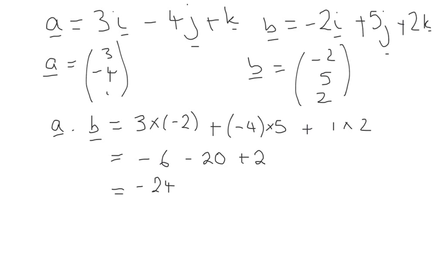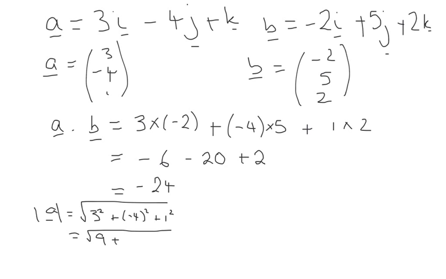Now, magnitude of A is the square root of 3 squared plus negative 4 squared plus 1 squared. So that's the square root of 9 plus 16 plus 1. Square root 26.